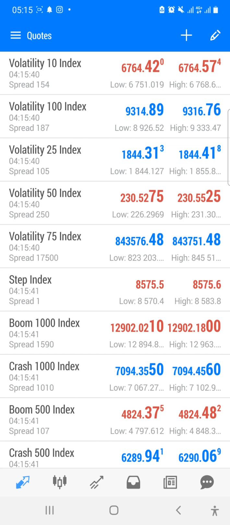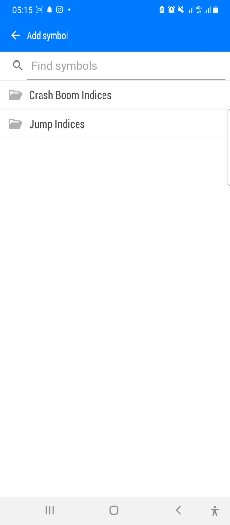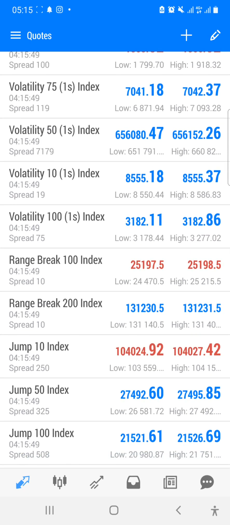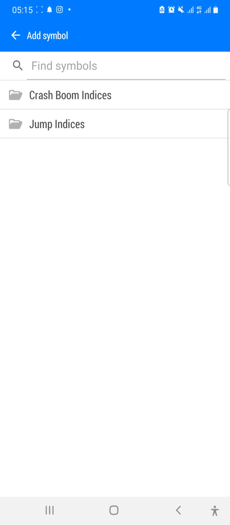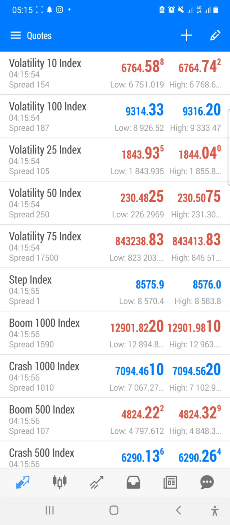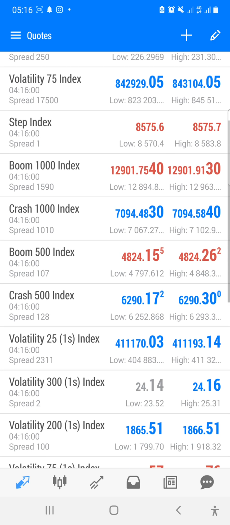I also made mention of the fact that we have different types of indices. We have volatility: volatility 10, volatility 100, different types of volatility.